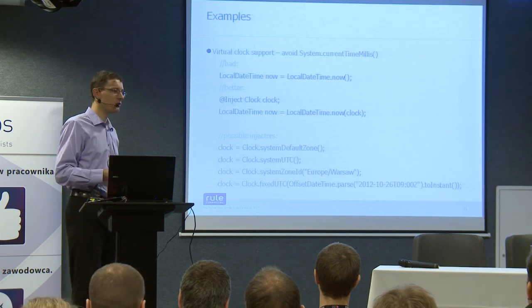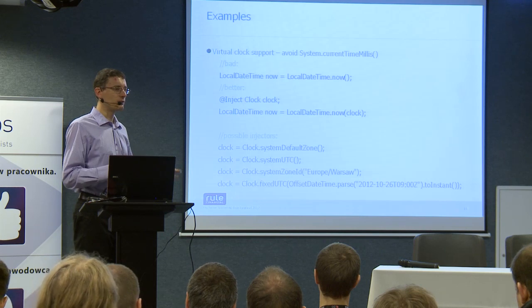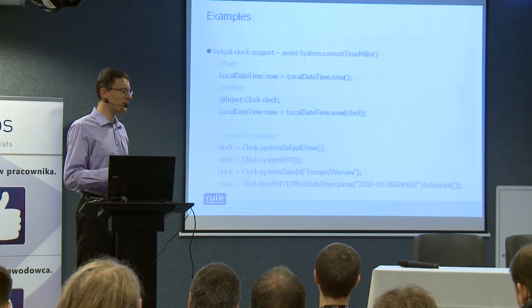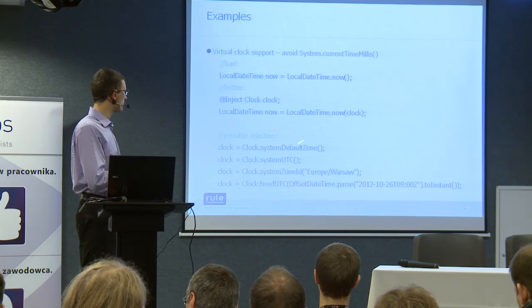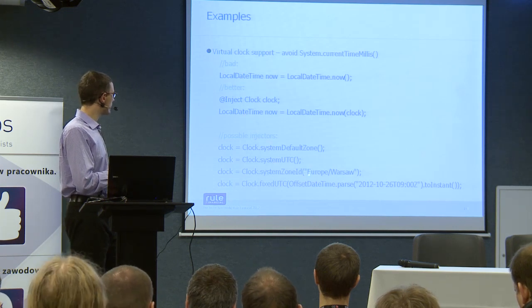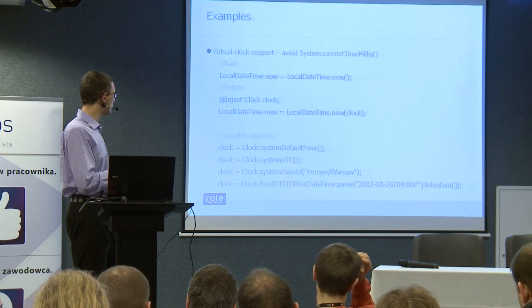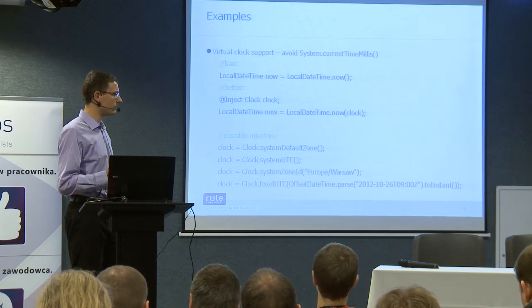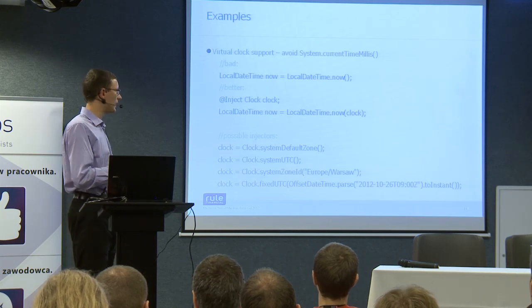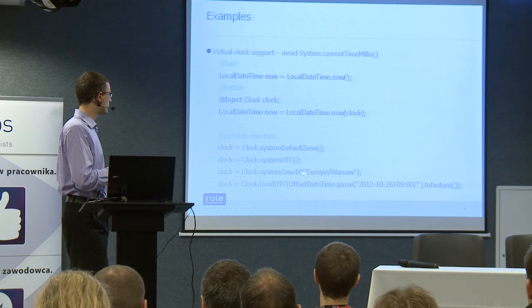Very often, especially on the server side, we don't want to be tied to the changing offset, so we prefer to use UTC, so you can use this one. You can specify any zone ID, which is preferred over this one, because if you use this one, you are really putting some hidden logic inside, which depends on the defaults of the system. So it's better to do it explicitly like this.